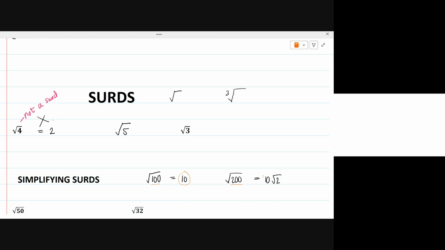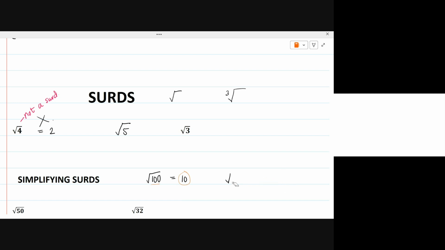So it's taken out the perfect square and it's left behind a surd. Do we see that? Yes? Pretty cool, huh? Okay, let's try another one. It's like when you eat a pizza and you leave behind the crust. This is basically what's happened.